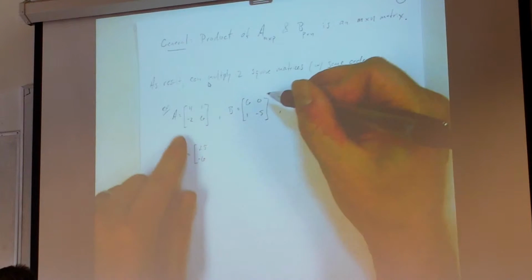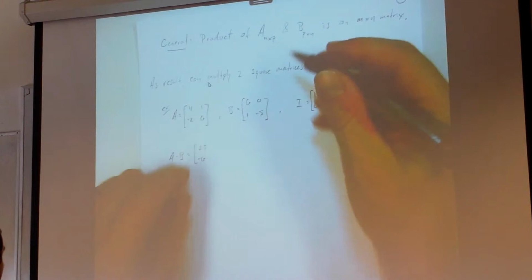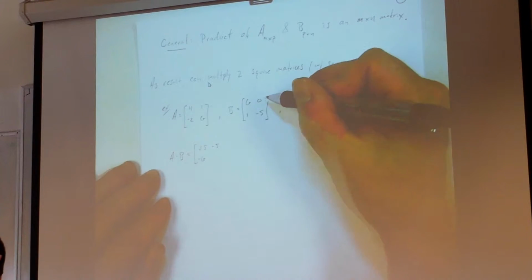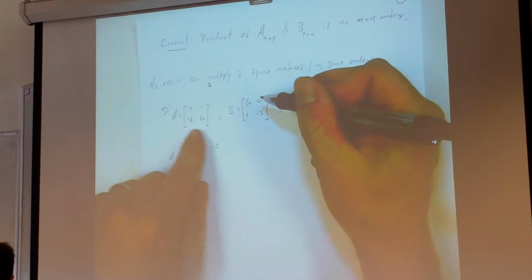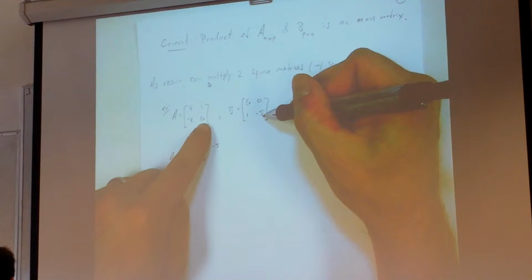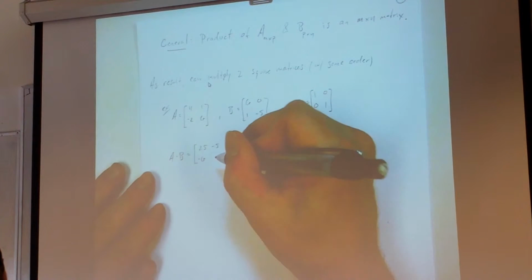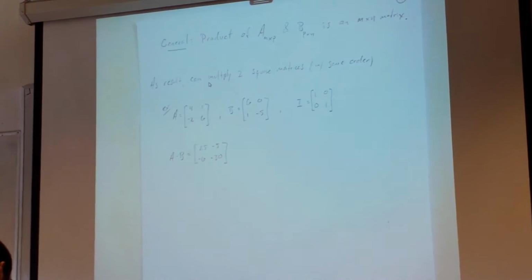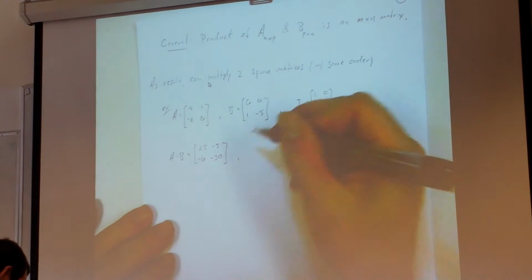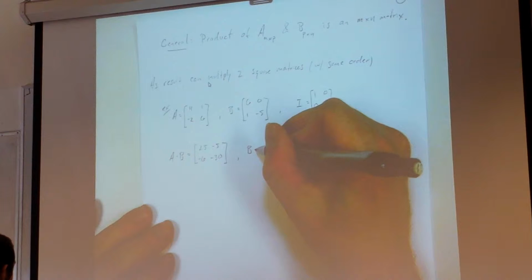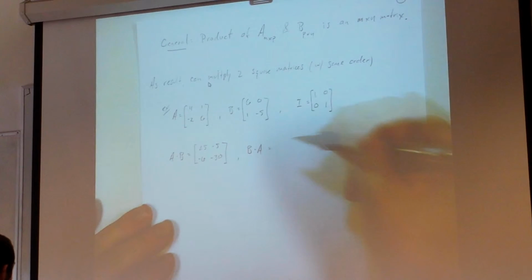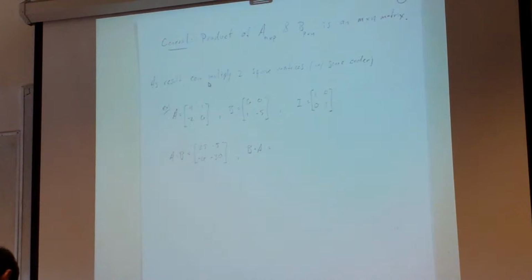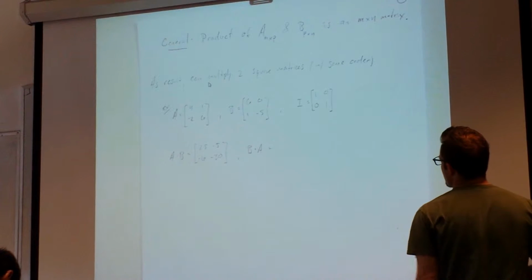Row 1, column 2. Row 2, column 2. 0, minus 30. Okay. All right. Now what I'd like you to do, I'm going to leave you on your own for this one. Multiply B times A. Multiplication is commutative, yeah? So multiply B times A and see if you get the same thing.